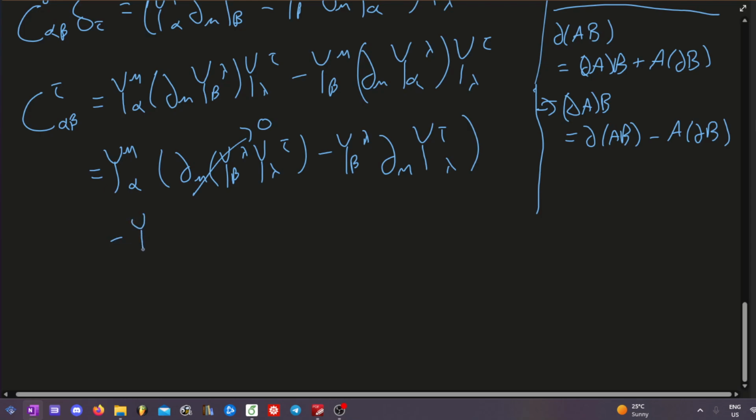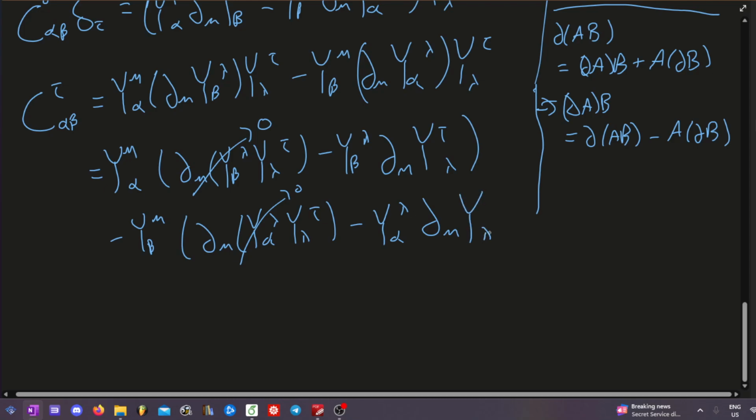And then we're also going to have the contributions of the second term here. So we have the y beta mu out front, and then we have a del mu of both of these, y alpha lambda, y lambda tau, again, which is going to be a Kronecker delta and evaluate to 0, minus y alpha lambda del mu y lambda tau.